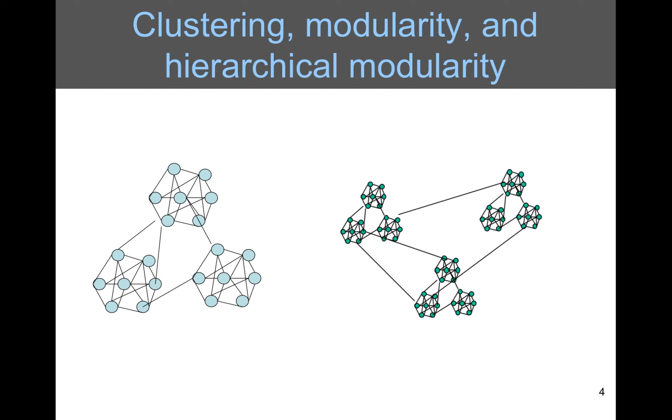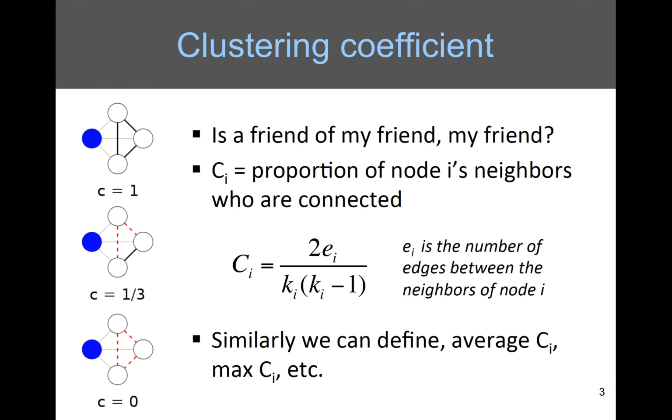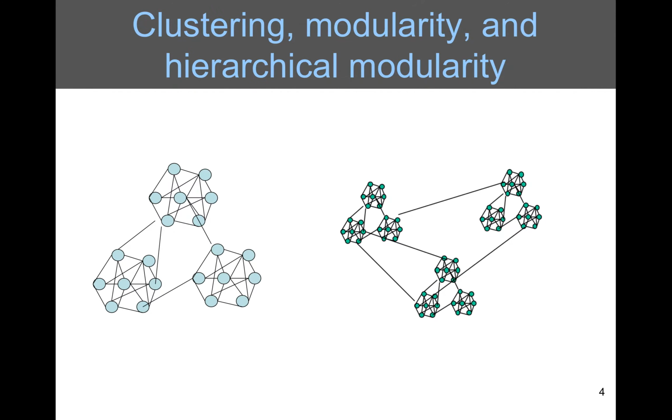And one of the things that you can use clustering coefficient for is to think about how the network is clustered, as we saw on the previous slide here. You can view this as a notion of clustering, but you can also view it as an indicator of modularity and hierarchical modularity.